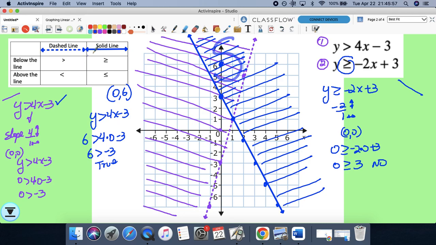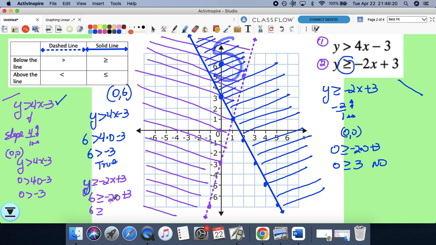So let's see if 0, 6 also makes inequality 2 true. Let me change the colors here. Y greater than or equal to negative 2x plus 3. So let's replace the y with 6 and the x with 0. So we get 6 greater than or equal to negative 2 times 0 plus 3.